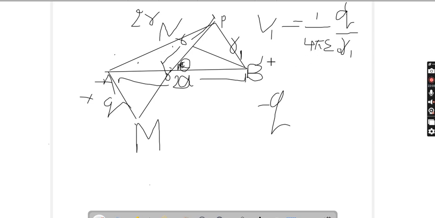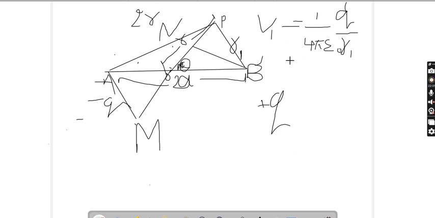Okay, now electric potential due to a negative charge. Let us consider this is positive charge, and this is negative charge.